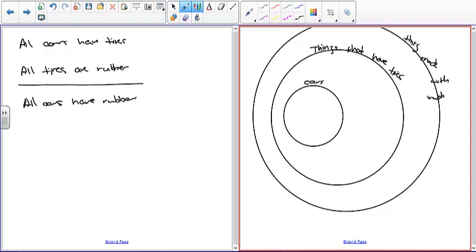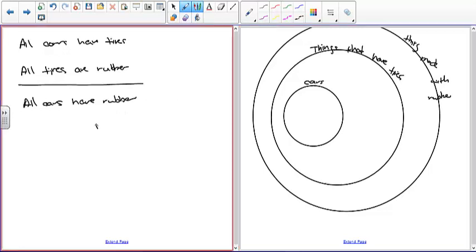So tires can be made of rubber, other things can be made of rubber. Then all cars have tires. So because the car thing is in the middle, that's the all part, all cars have rubber. So since this circle is in with the big circle, then that is a valid argument.